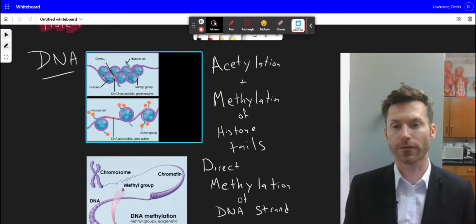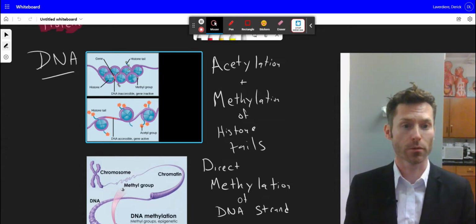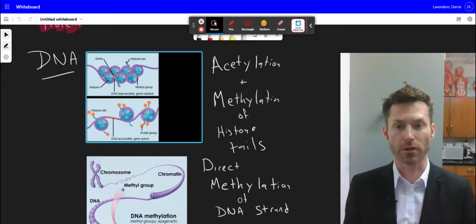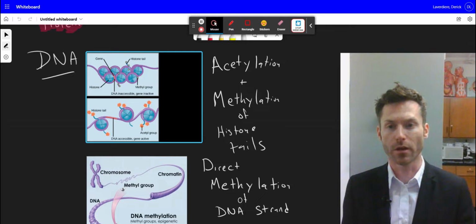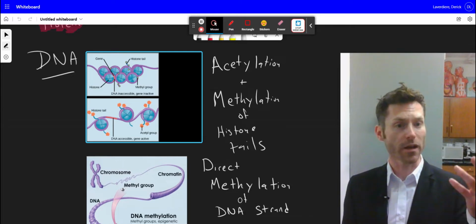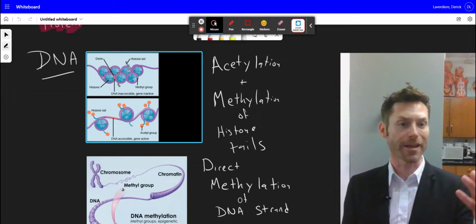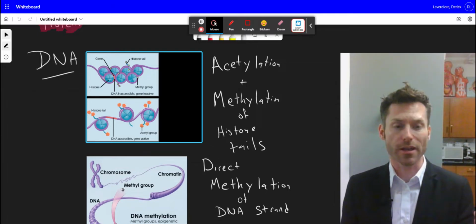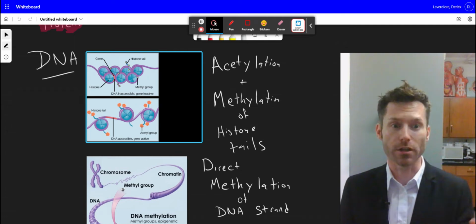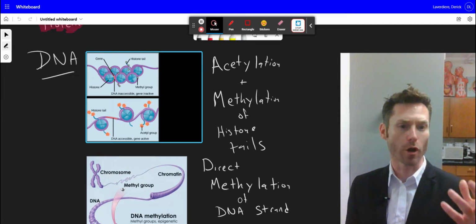The first relies upon a modification of the histone proteins that play a huge role in the organization of our chromosomal structure. Our chromosomes are very long strands of DNA, and in order to maintain some semblance of order and regulation, they need anchoring points, things to give them the appropriate shape.